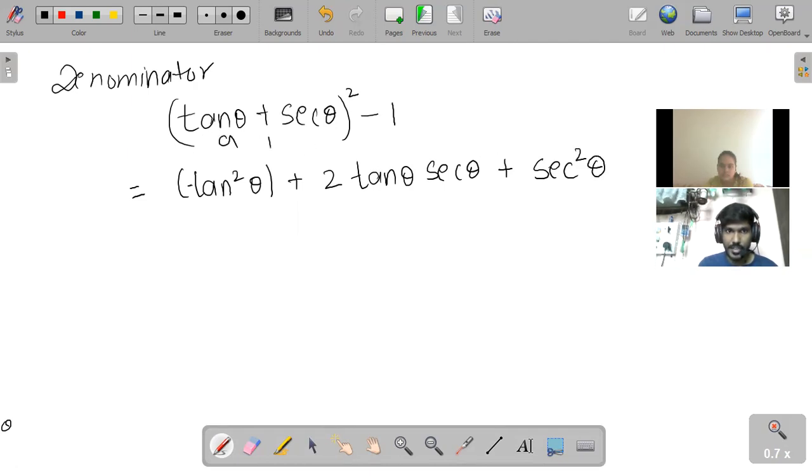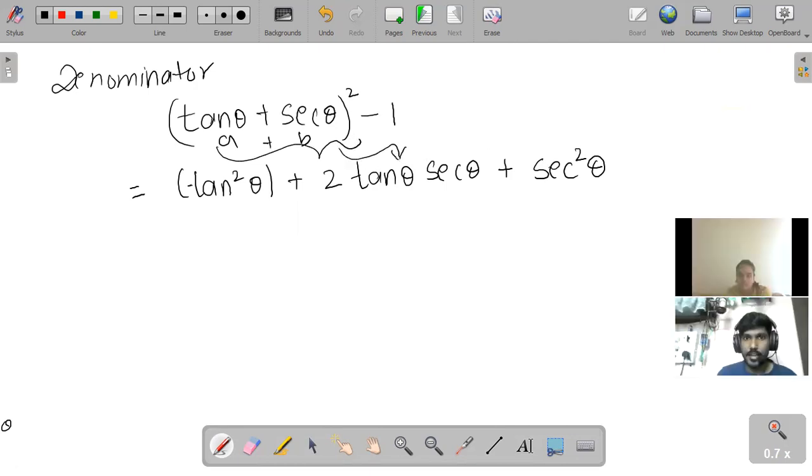So this is a and this is b. I've used the formula and expanded and I got this. And this minus 1, write it as it is. Is it clear what I did, the expansion?